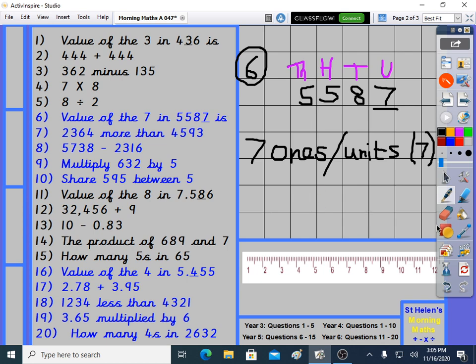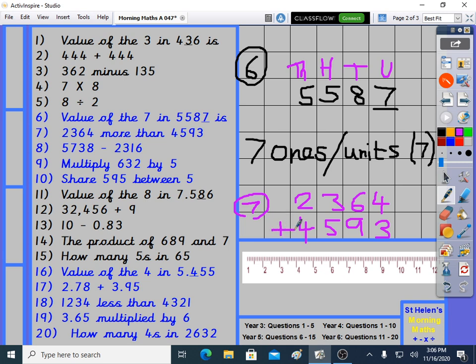Question 7 next. 2,364 more than means plus. 2,364 more than 4,593.